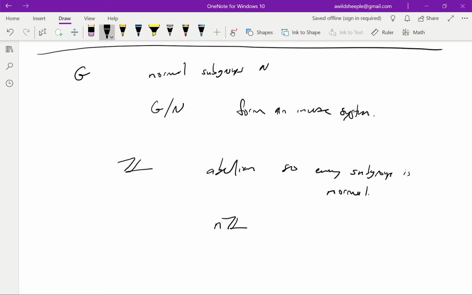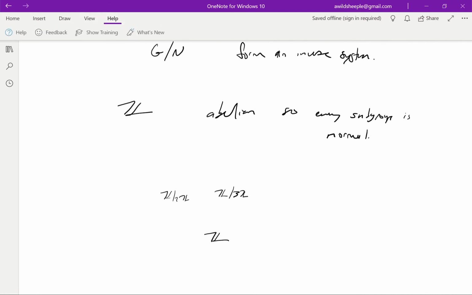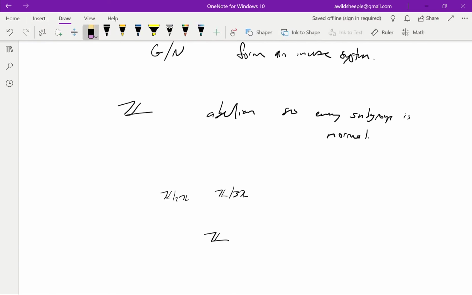So what we're trying to do is form an inverse system where we have Z, and lying over this, I want all of the different things. Sorry, I lost my pen there for a second. Over here, I have Z mod 4Z lying on top of this, I have Z mod 5Z over here, and I have all these quotient maps. Or sorry, these need to run the other way.